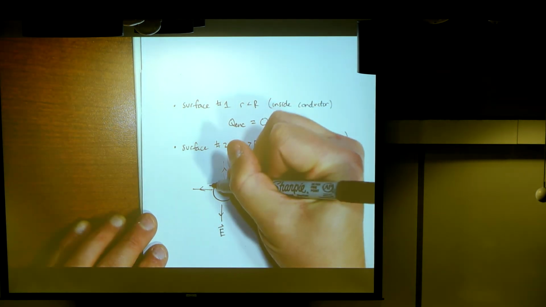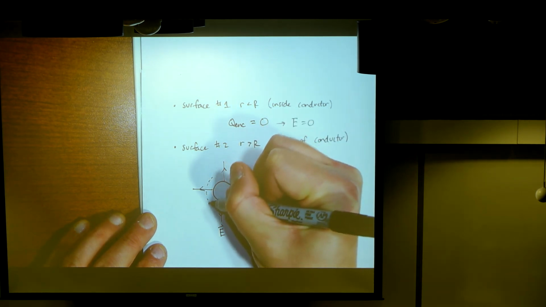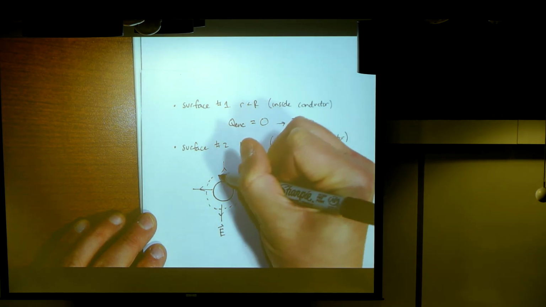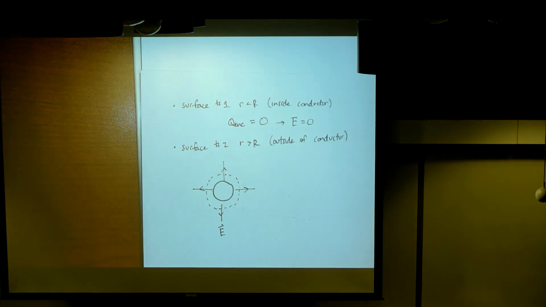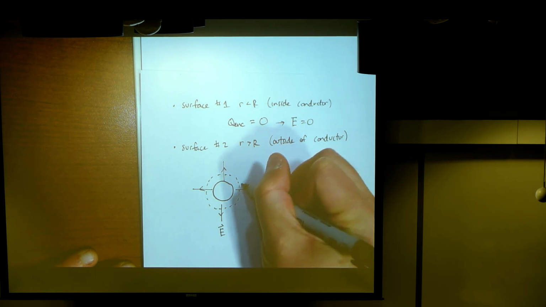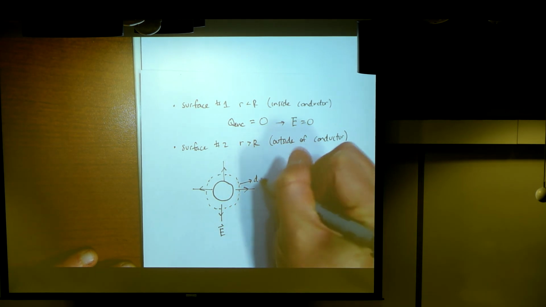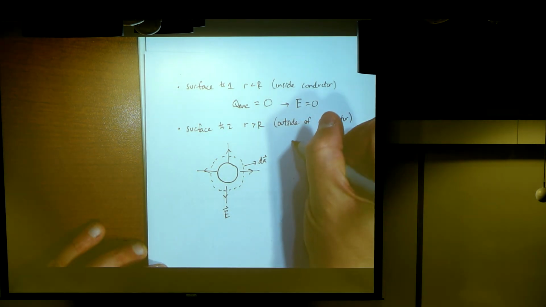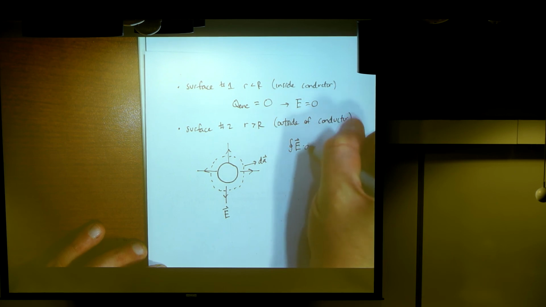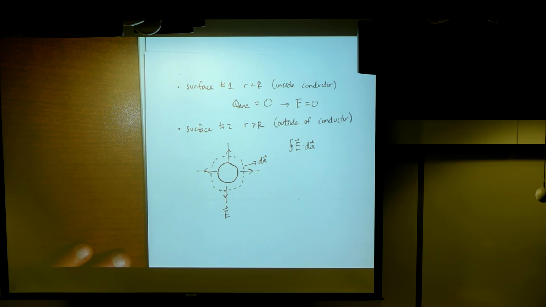But our Gaussian surface, which I'll show with the dashed line once again, looks like this. Okay? And my area vector always points out away from that surface. That's the convention. So actually, let's just work out on the side what the integral of E dot dA over this surface looks like.